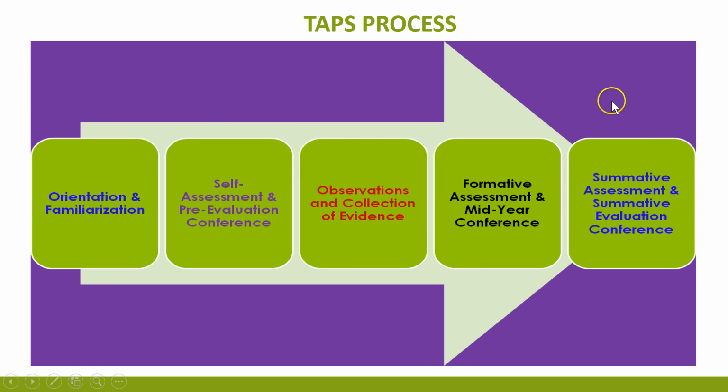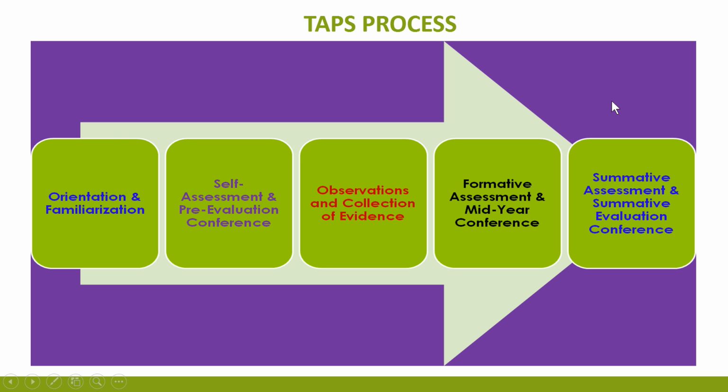The entire TAPS process is just like it was last year. You've already had your orientation and you're familiar with it. If you're new, you'll become familiar with it during the year. You've probably already had your self-assessment, and you'll be having your pre-evaluation conference any day now. Then the observations start, and per semester, each semester is called a phase. It's a formative assessment phase.